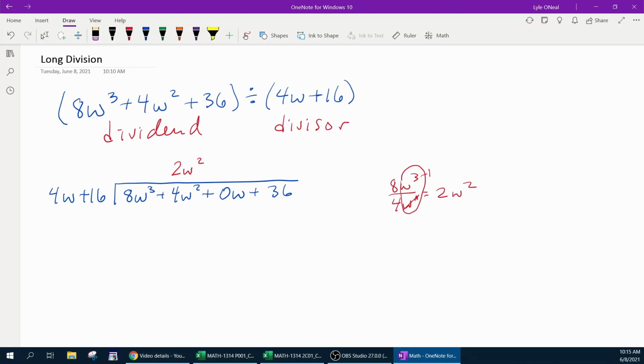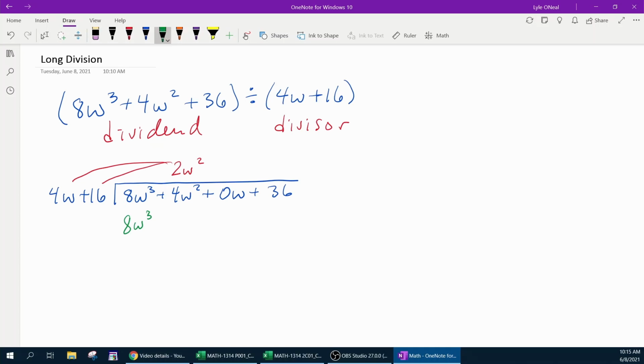Now that we know the first term of the quotient, we're going to distribute to the divisor. So 2w squared times 4w is going to give us 8w cubed, and these have to match. If they don't, you did something wrong.